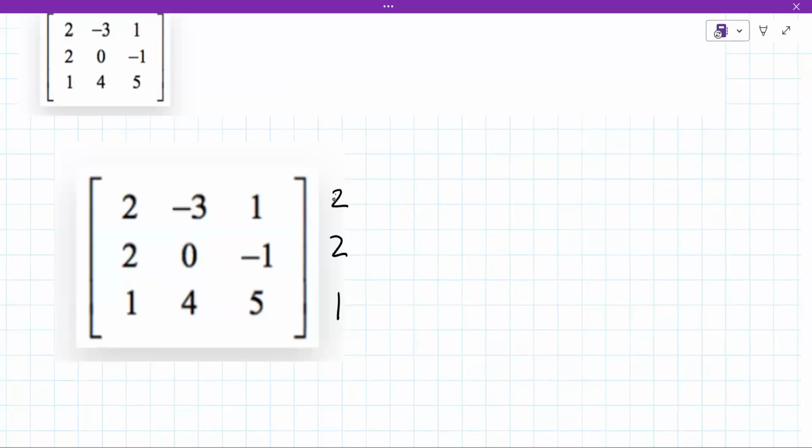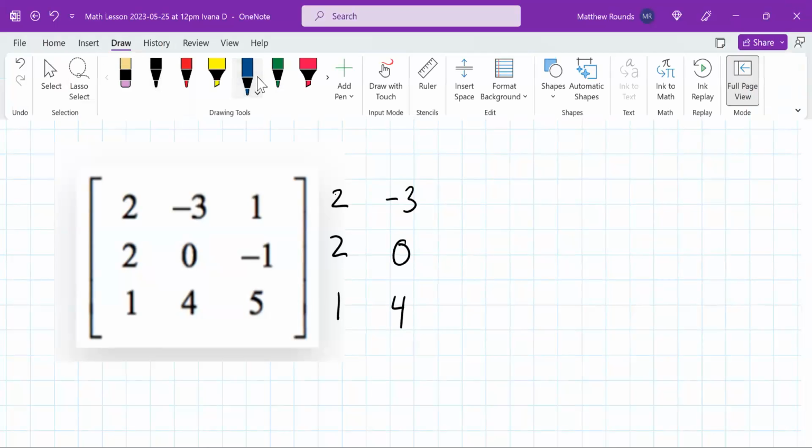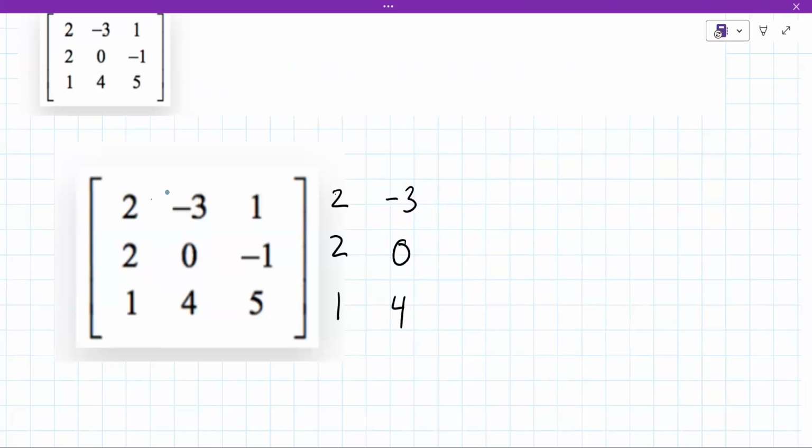Then you rewrite the second column, -3, 0, and 4. Okay, now this is where it gets a little bit confusing. I apologize. I don't know why they do it this way, but that's what they do.